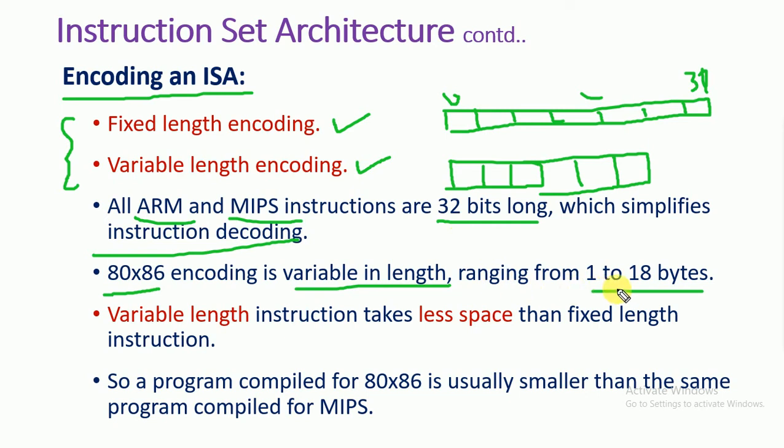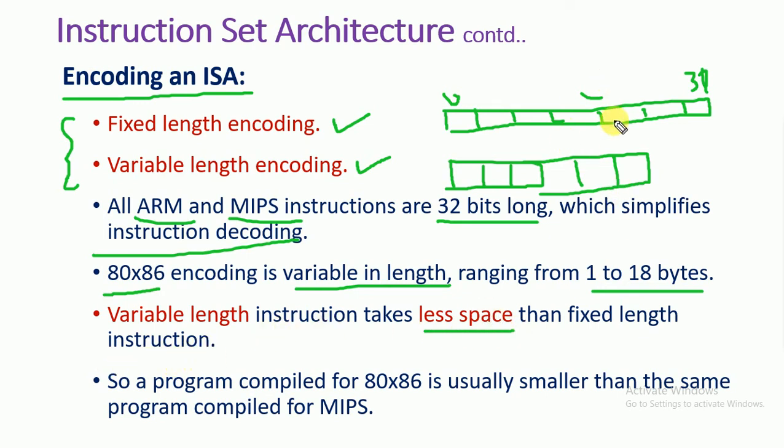Accordingly, if the instruction is very small, it can take either 1 or 2 bytes. But if the size of the instruction is very large, it can use a maximum of 18 bytes for storing that particular instruction. So variable length instruction takes less space than the fixed length instruction.